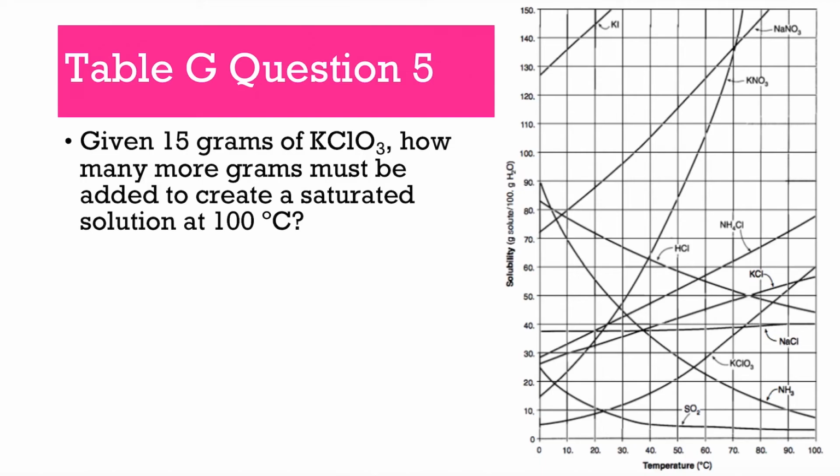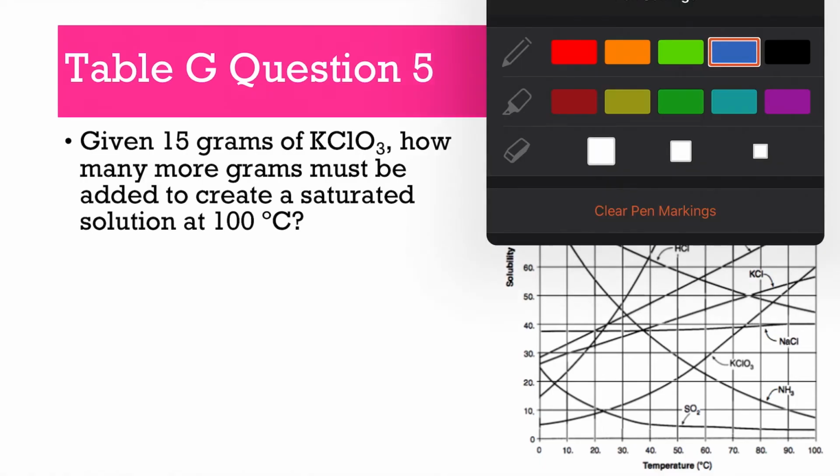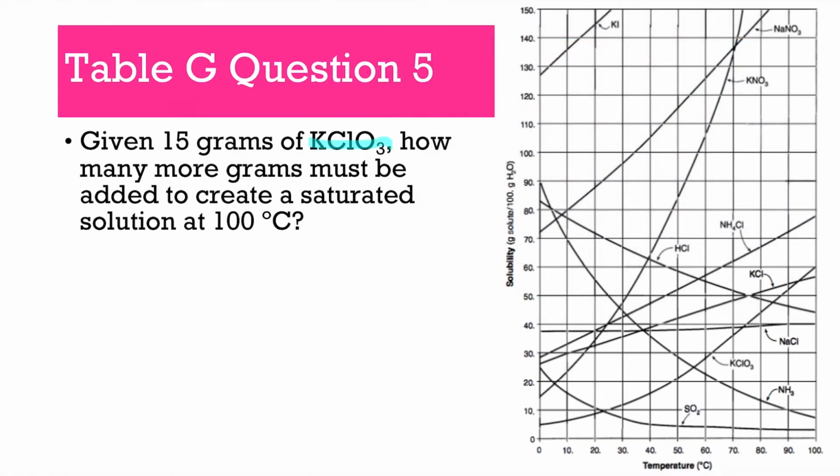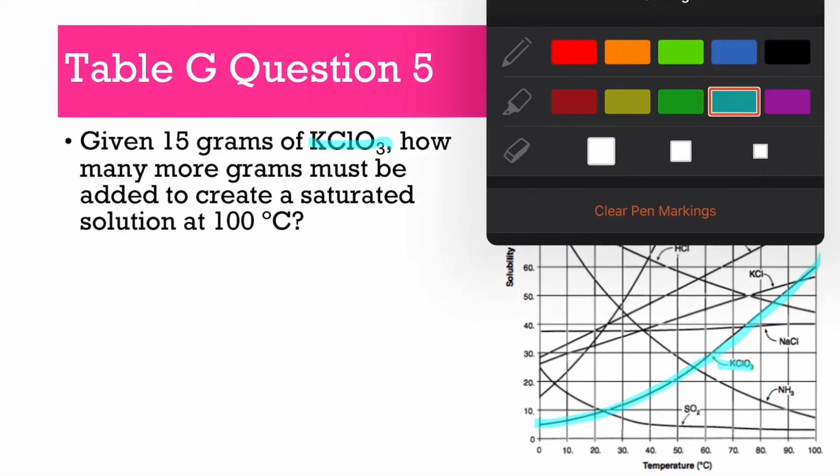Last type of question. If you were given 15 grams of KClO3, so we're dealing with this curve, where is it? KClO3. Okay, this one. If you're given 15 grams, how many more grams would you need to make a saturated solution at 100 degrees?